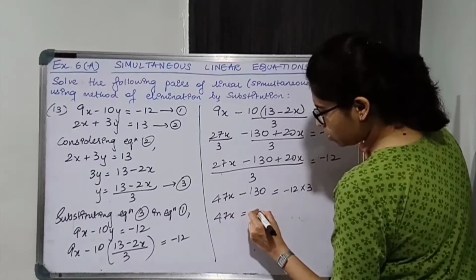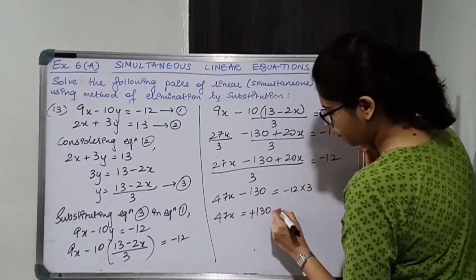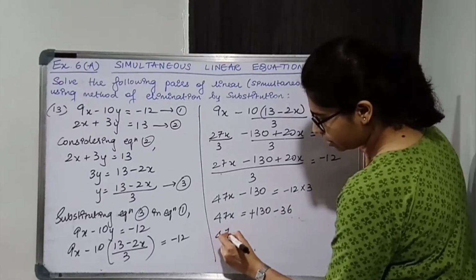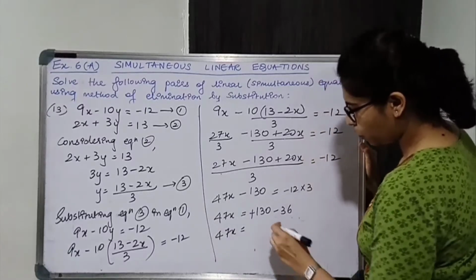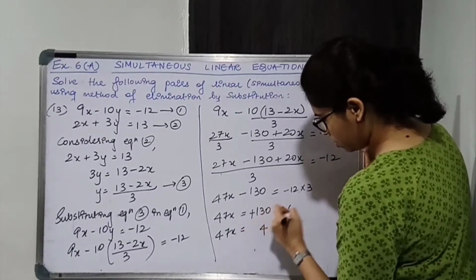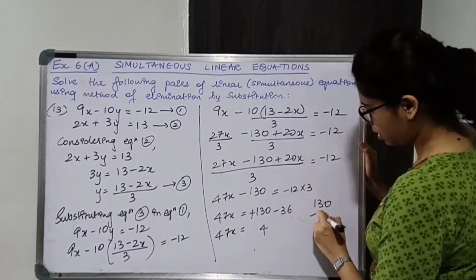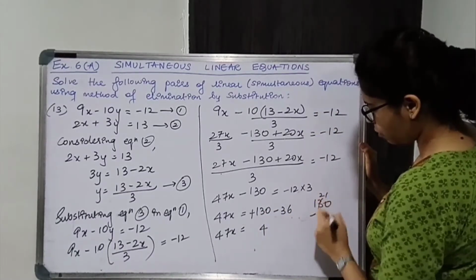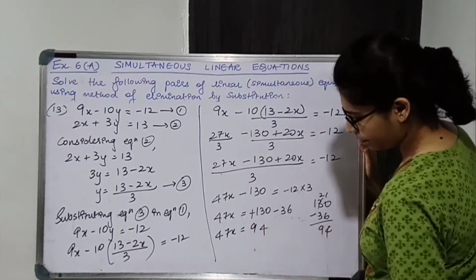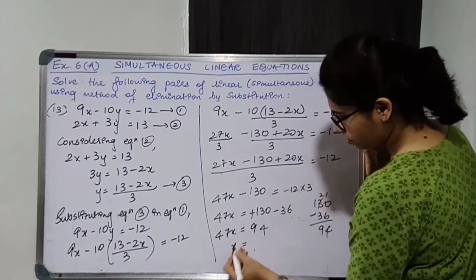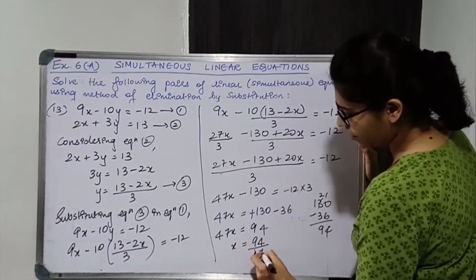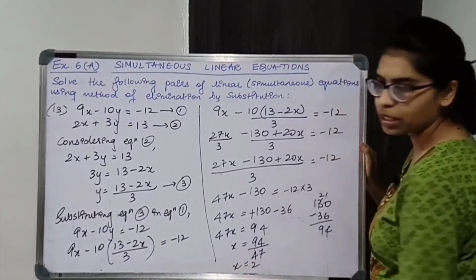So minus 130 हो जाएगा plus 130 minus 36. Okay, so 47x is equal to 130 minus 36, so this will become 94, right? So we will get 94 upon 47, that is x is equal to 2 मिलेगा.